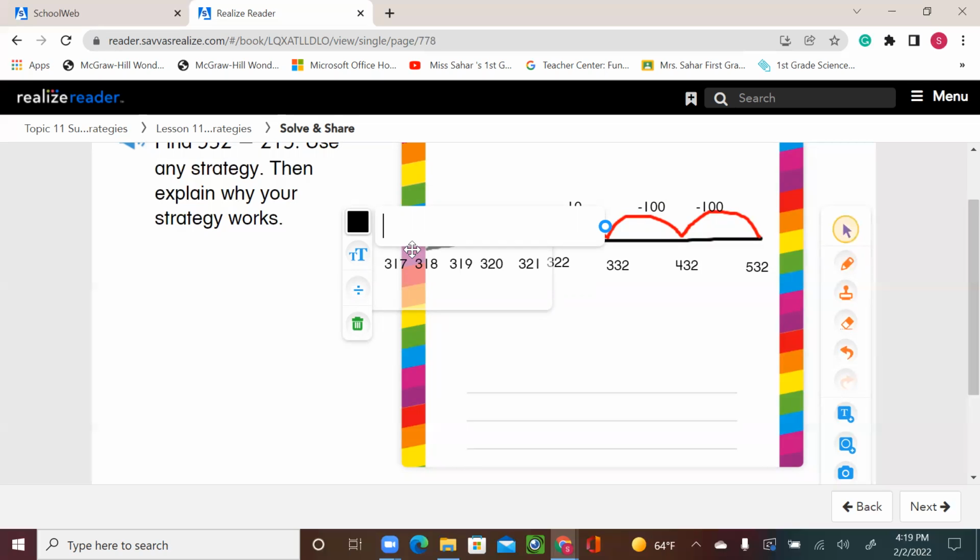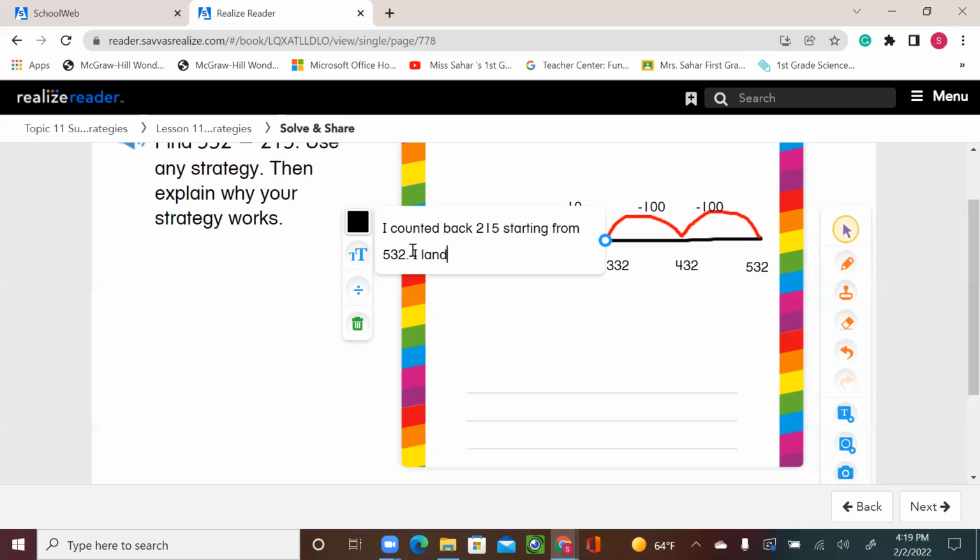So we need to explain. I counted back 215, starting from 532.